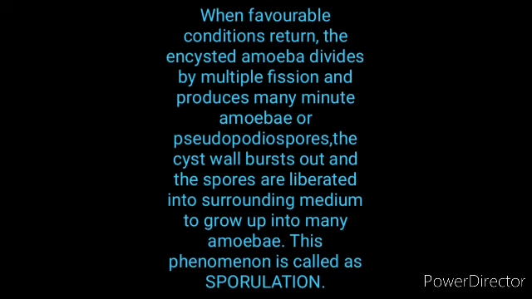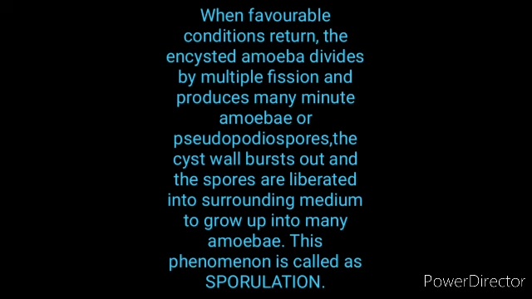This phenomenon is known as sporulation, because the amoebas are forming inside the structure as spore-like structures, and each one forms an amoeba. Here we have to notice: multiple fission in amoeba, encystation during unfavorable condition, sporulation during favorable condition.